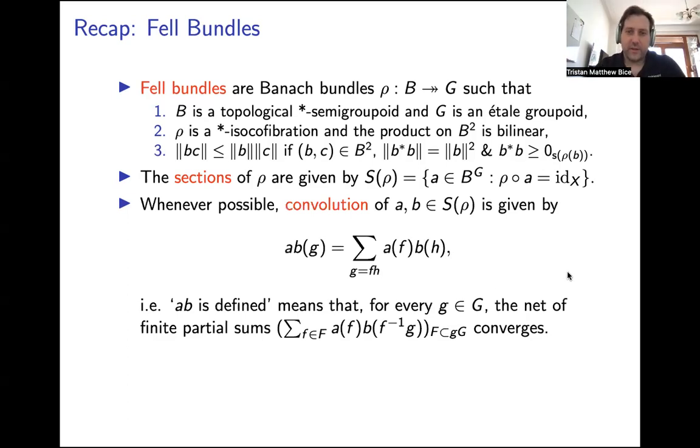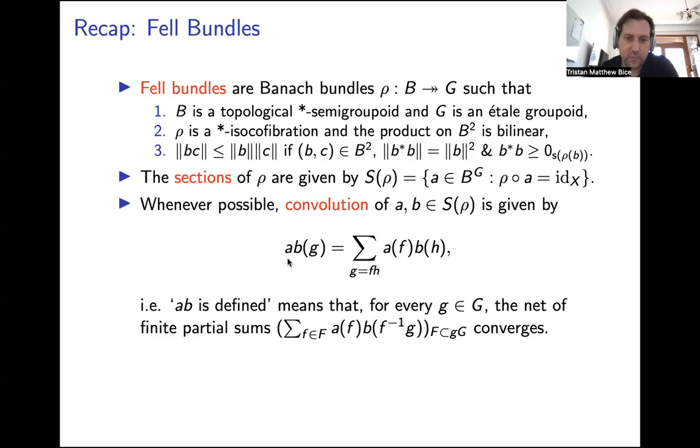And I think we did briefly get to talking about convolution. If we have two sections, then we want to define their convolution in the usual way, like so. Because the product of a(f) and b(h) is defined, sometimes, not always, we will then be able to define the sum, like so.